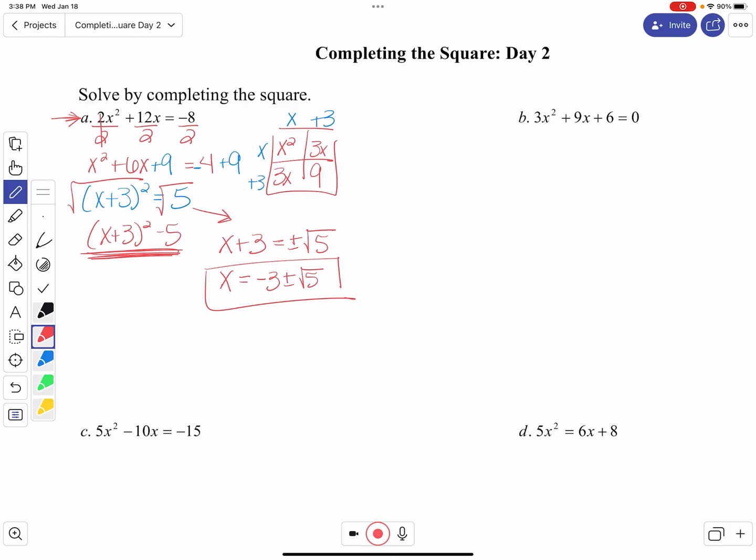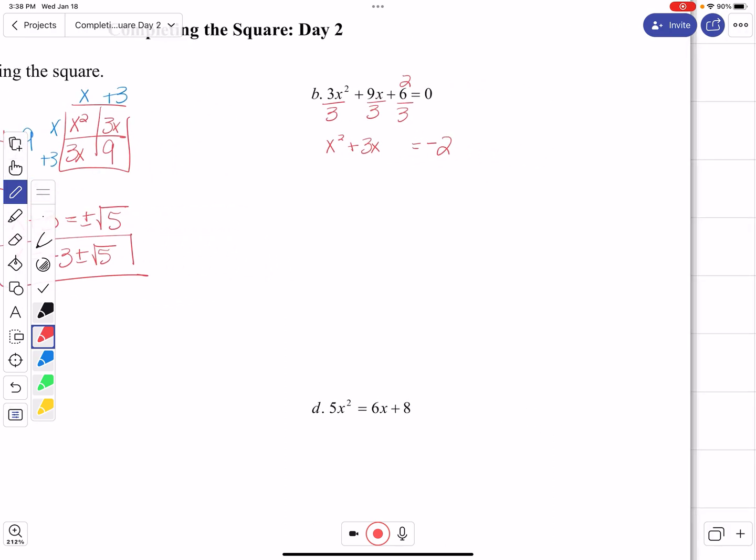Okay, so for B, notice there's a 3 in front of the x squared. So I'm going to divide everything by 3. So I'll get x squared plus 3x. 6 divided by 3 is 2. And I'm going to go ahead and put it over here. Notice it becomes negative.